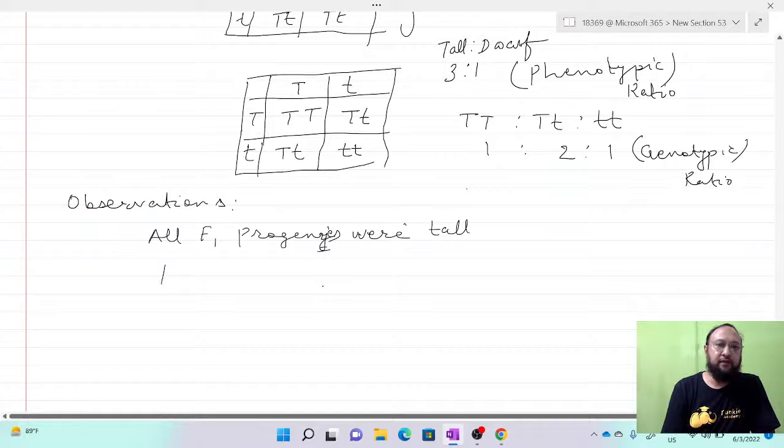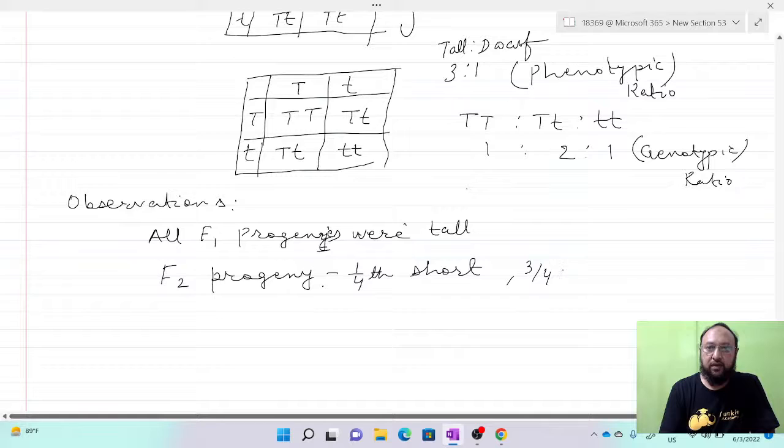Then you have got the F2 progeny: 1/4 short or dwarf and 3/4 tall. Okay, this was his observation.